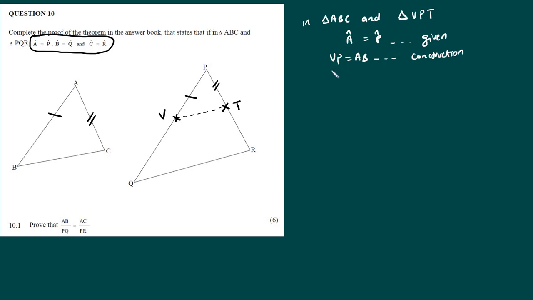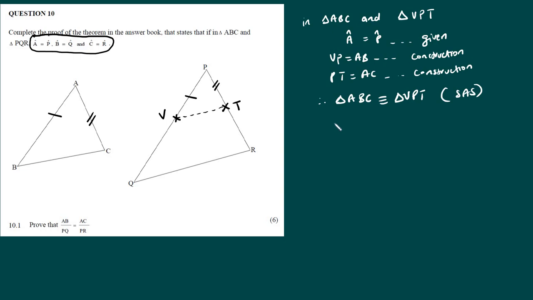And PT is equal to AC, by construction. Then from this you say therefore triangle ABC is congruent to triangle VPT, side angle side.